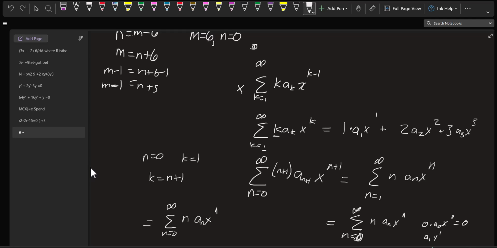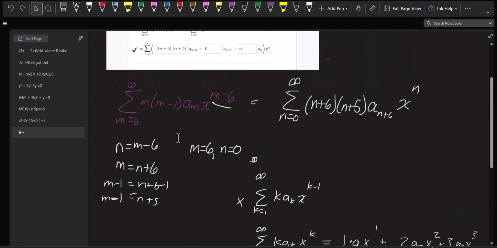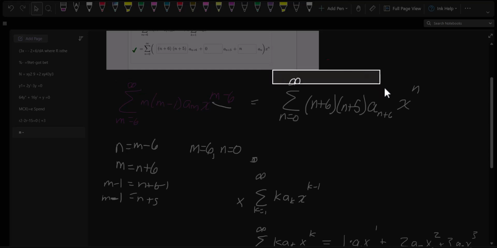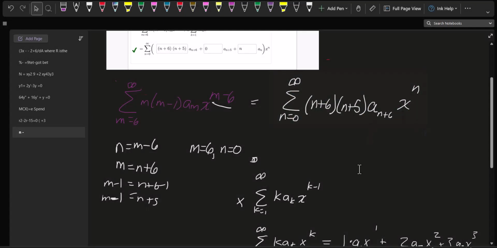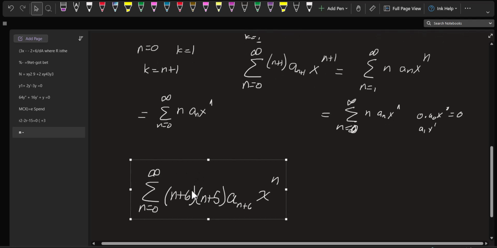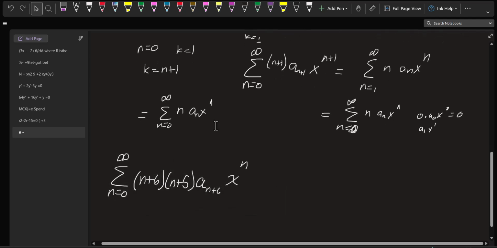So that second series then, starting with n equals 0, is the sum from n equals 0 to infinity of n a_n x to the n. So then our two series together, we have this one and this one.